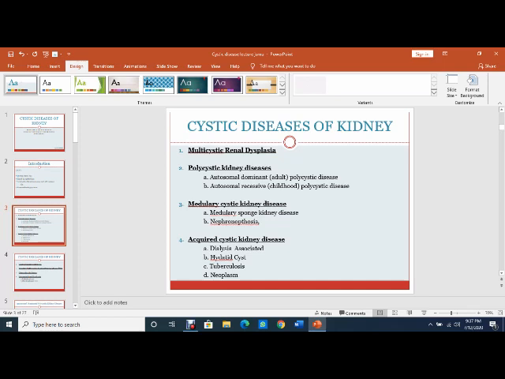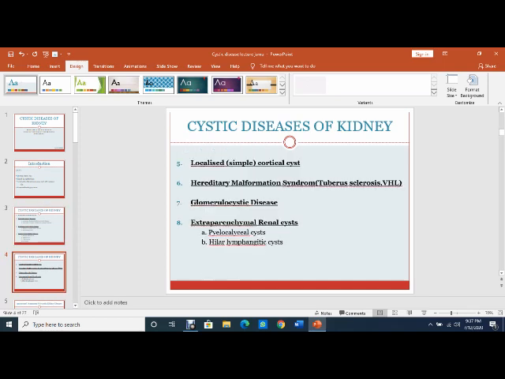Hydatid cyst may occur in the liver or kidney; also tuberculosis and tumor neoplasm. Localized or cortical cyst is called a simple cyst. Hereditary malformation syndromes are tuberous sclerosis or von Hippel-Lindau syndrome.